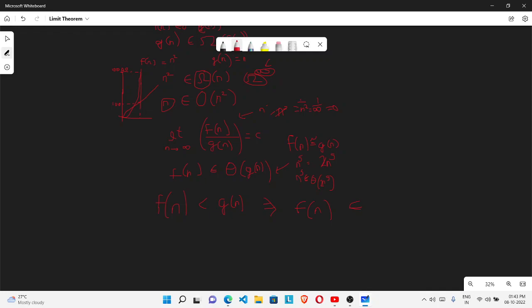And in case you get 0, it is worst case. So f of n is smaller than g of n, that means f of n is worst case of g of n. Kind of opposite of the logical thing, but it is what it is. You have to kind of cram this whole equation.